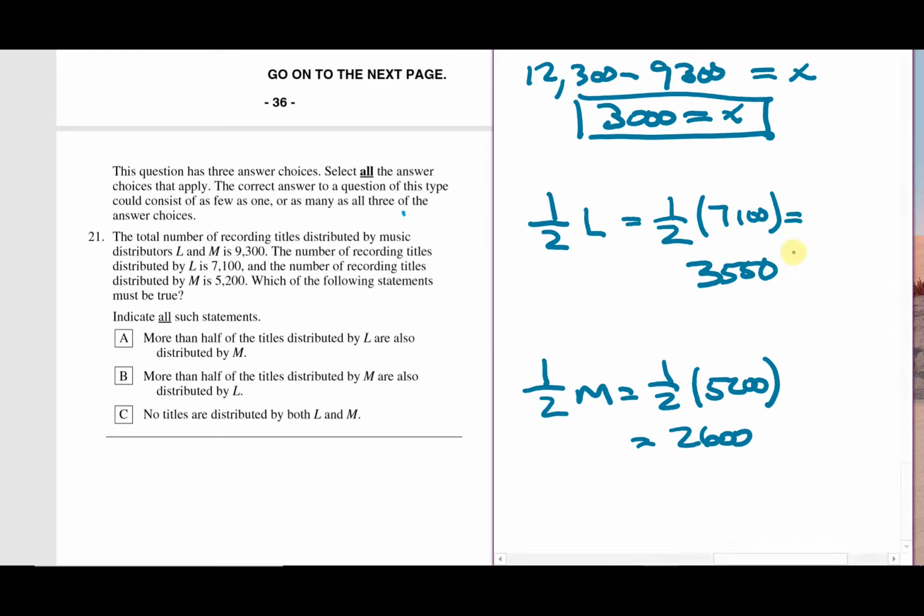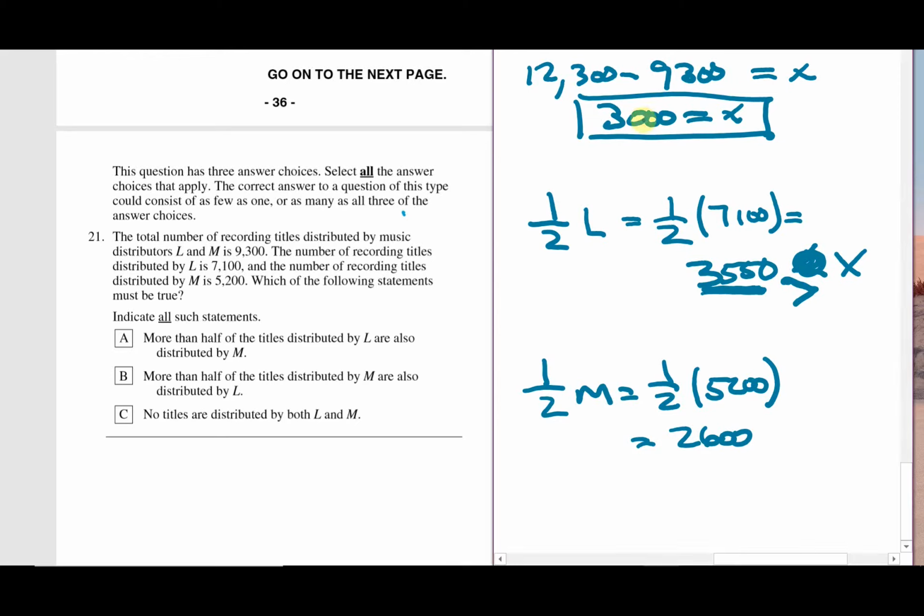Well, this is, we know, less than x. So that's the key information right here. And what we need to find is that it has to be, this is not less than x, this is greater than x. It has to satisfy less than x, because this says more than half of the titles distributed by L, which is right here, are also distributed by M, which is not the case.